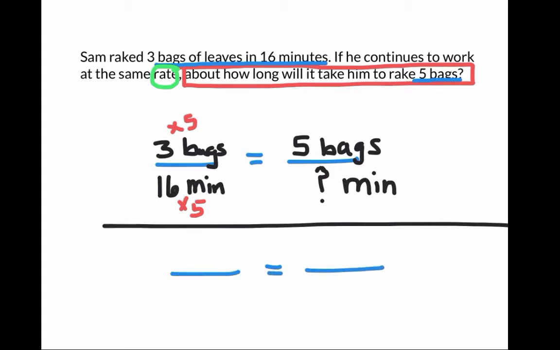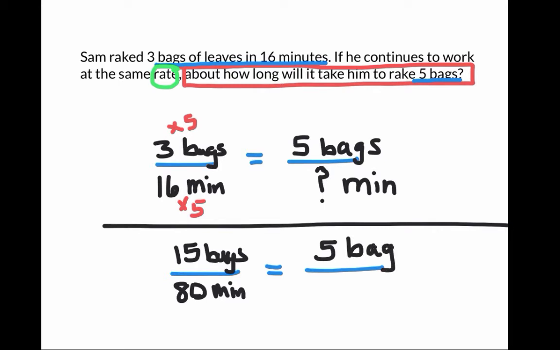Still, everything is going to be equivalent, so I would have 15 bags for every 16 times 5 would be 80, correct? Every 80 minutes. At that rate, how long will it take me to rake 5 bags?